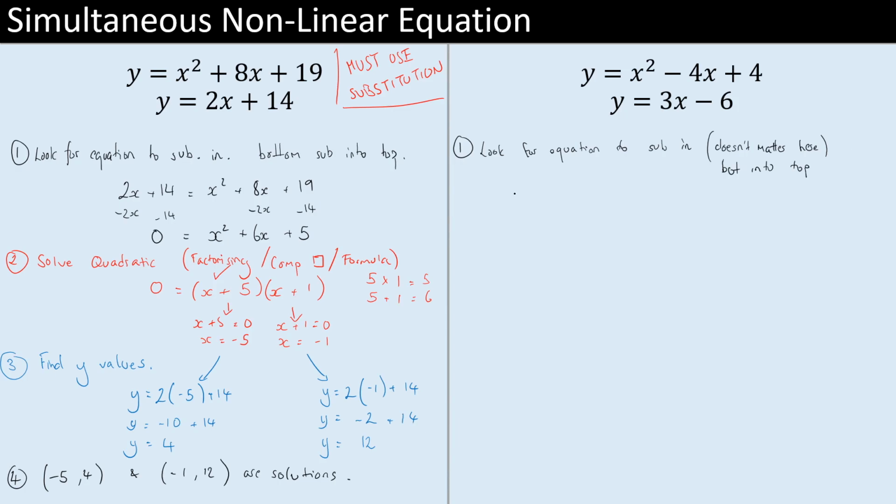So what we're going to end up with is 3x take away 6 is equal to x squared take away 4x plus 4. And just as we did before, we're going to rearrange so we've got everything all together, just to make it easier to see what we've got.